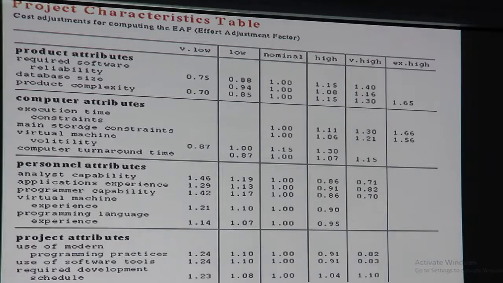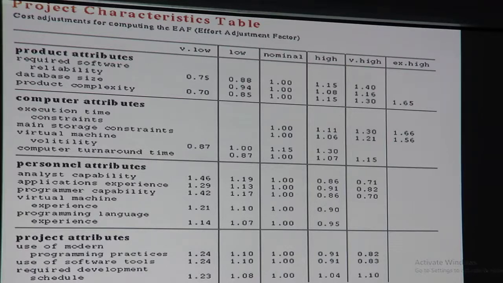Based on the type of project, the type of resources in terms of programmers, coders, designers that are available, the different constraints in terms of computing space, and the different product attributes in terms of software and database that are required, one has to pick the appropriate value, whether it's very low, low, nominal, high, very high, or extremely high.